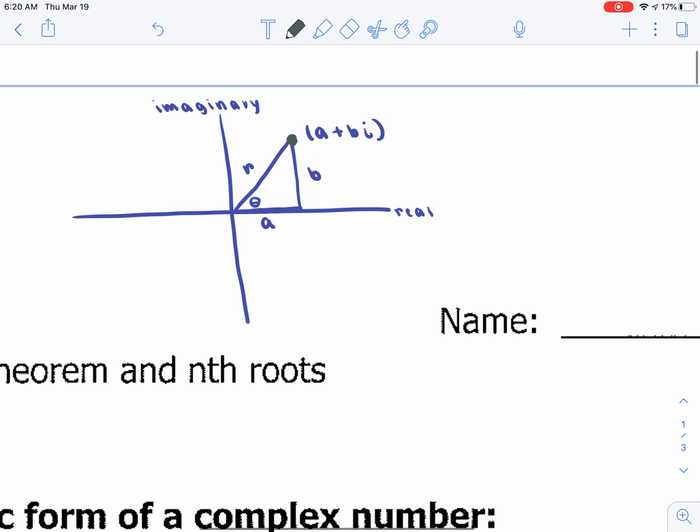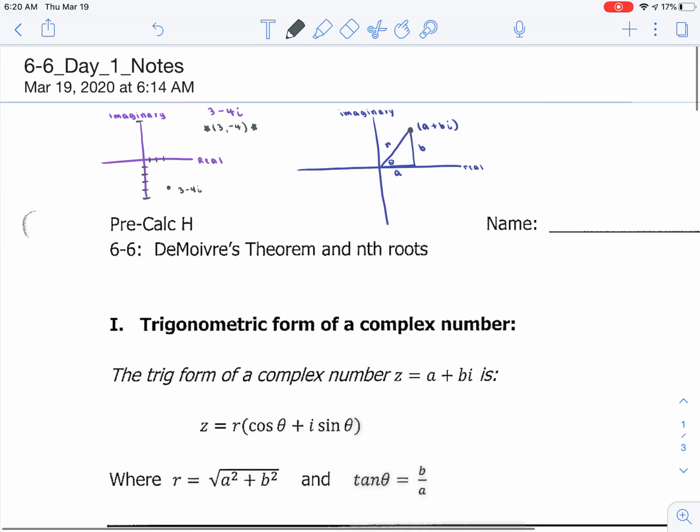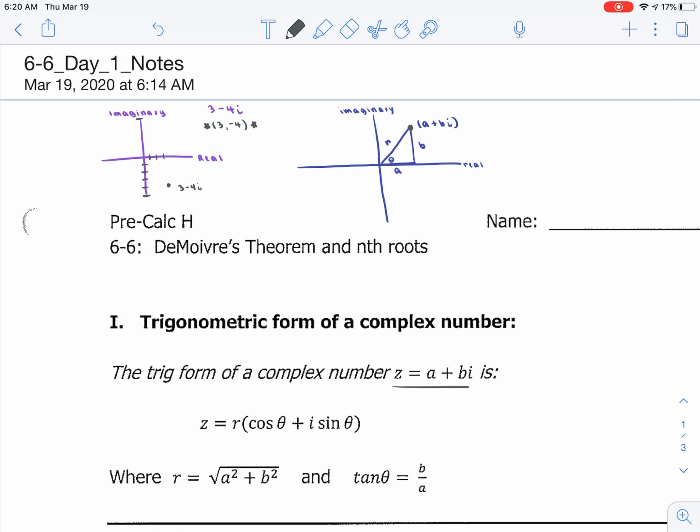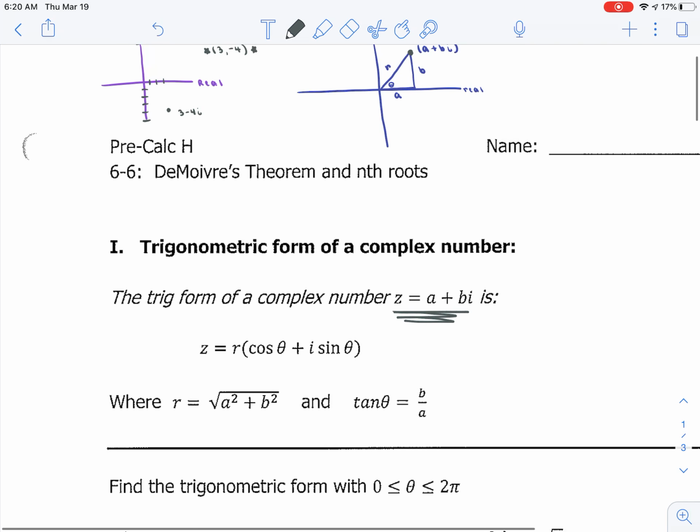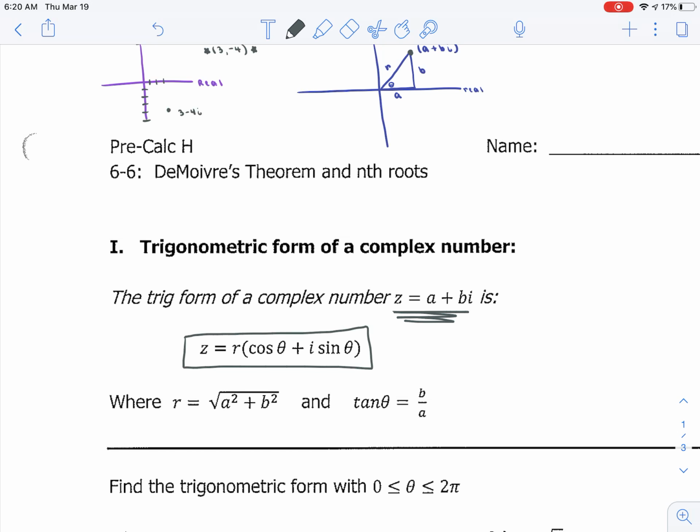I am going to be showing you this new form today, and it's called trig form, where z represents the trig form of a complex number, a plus bi. Keep in mind that this form looks a little scary, but if you connect it with SOHCAHTOA, it actually isn't that bad at all.